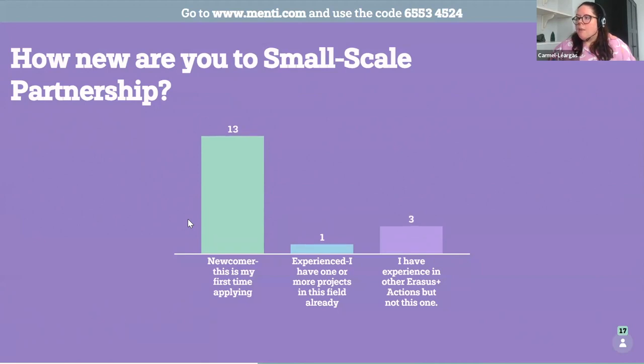Small scale partnerships are focused on newcomers and on inclusion of organizations, so if you're a newcomer, that's great. We'll embrace you with open arms. For those who have experience, we sometimes find small scale is a nice transition from maybe Key Action 1 to Key Action 2. That's all we'll do for the Menti for the time being, but keep it open. We'll be using it throughout the webinar.